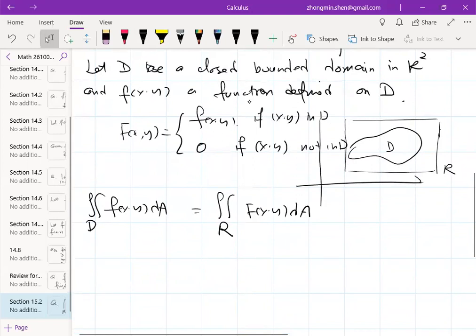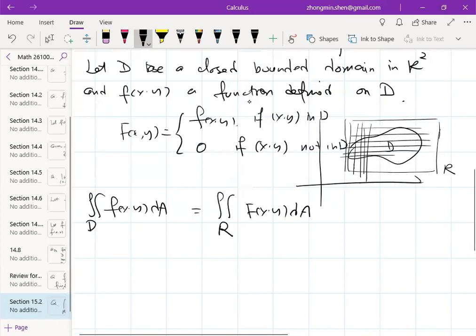You can also say that it's a theorem, because when you say the double integral of the function exists, it means the limit of the Riemann sum exists. The idea is that you divide this domain D into many pieces.